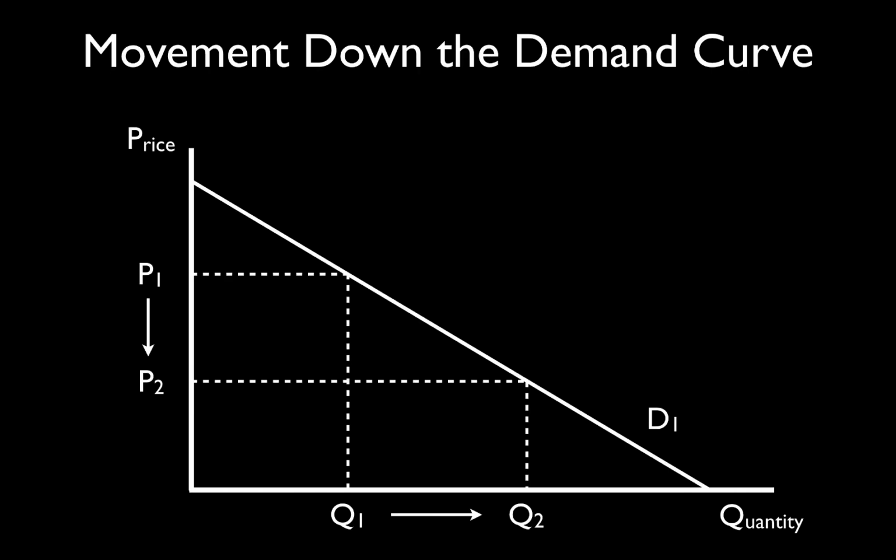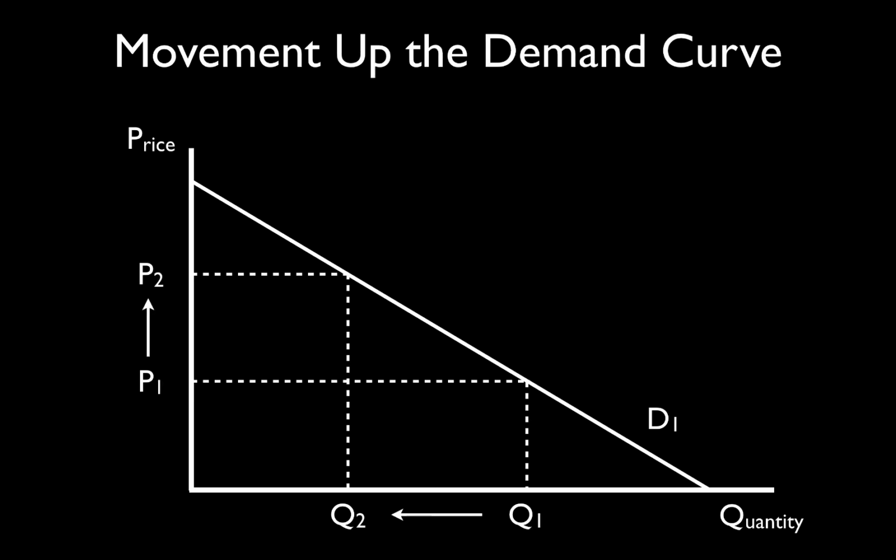So let's review this, and I won't bore you as much as I can. A movement down the demand curve caused an increase in quantity demanded. A movement is caused by a change in the selling price of the good itself, and it causes a change in quantity demanded. A movement up the demand curve: the curve itself didn't change, just the price changed.